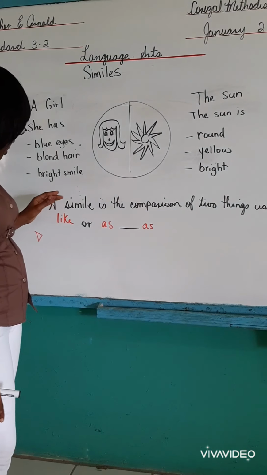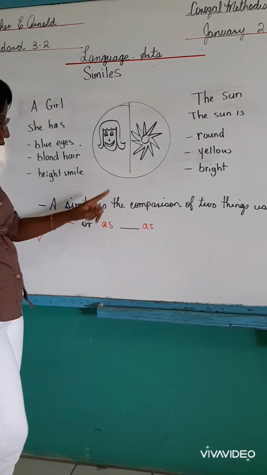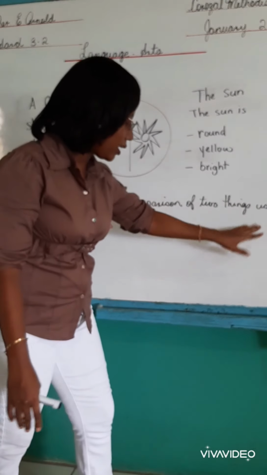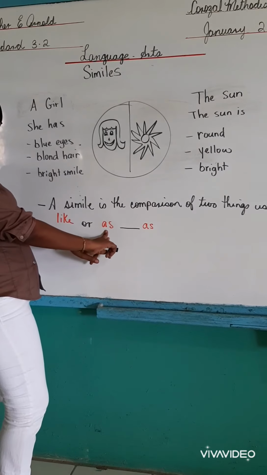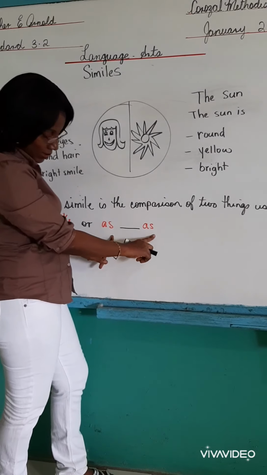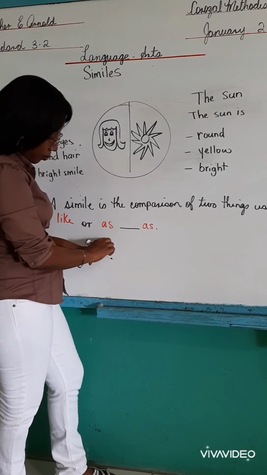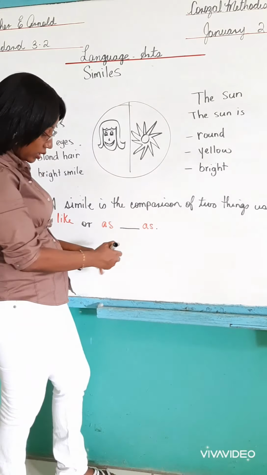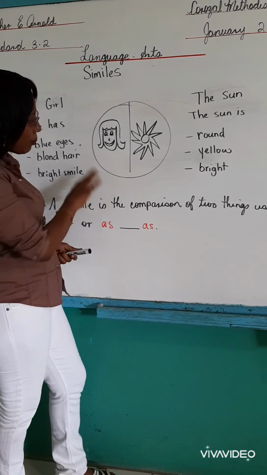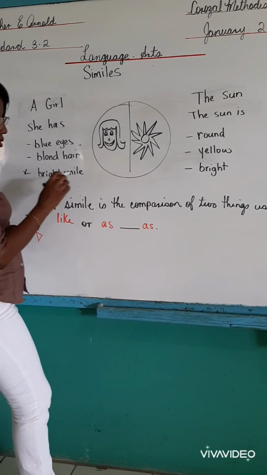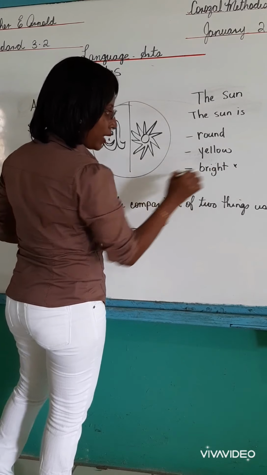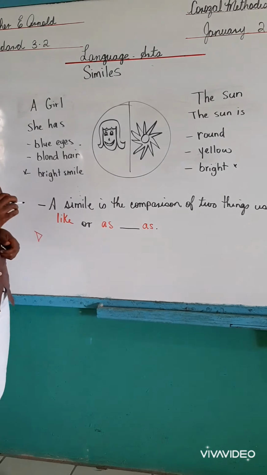Because it says that a simile is the comparison of 2 things using the word like or as. And I put as blank as, because it's a pattern that you need to use for that section. So I'm going to compare this. I'm going to say, okay, I can use the word bright for the girl, and I can use the word bright as well for the sun.